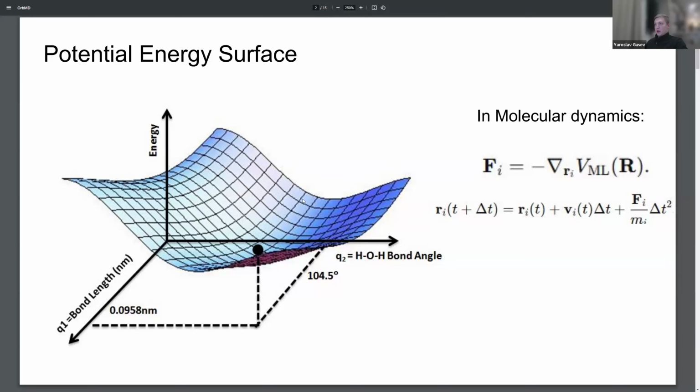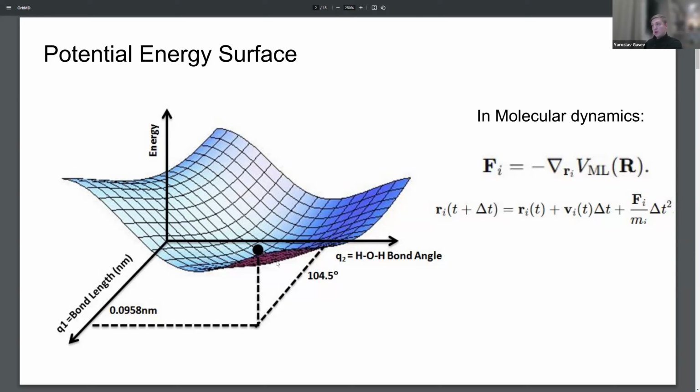And then you can imagine this surface: for any combination of these parameters in configuration space, there is a value of energy.